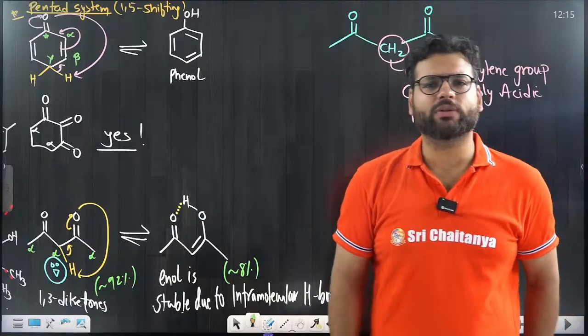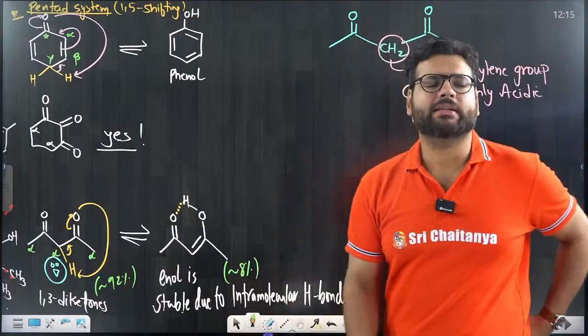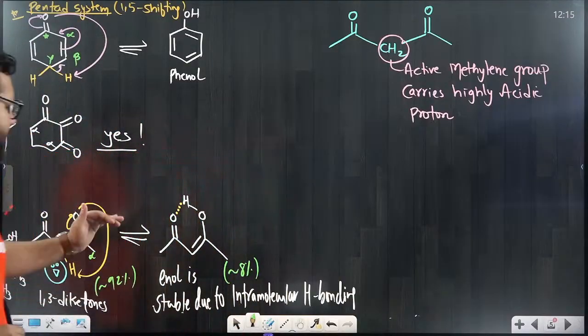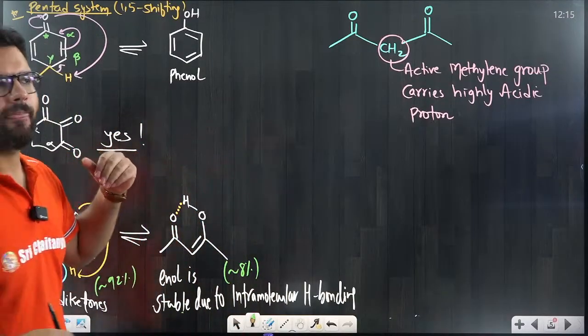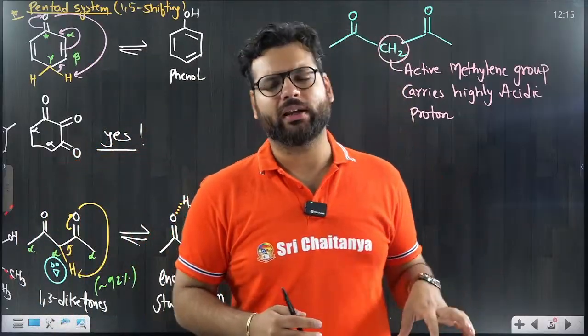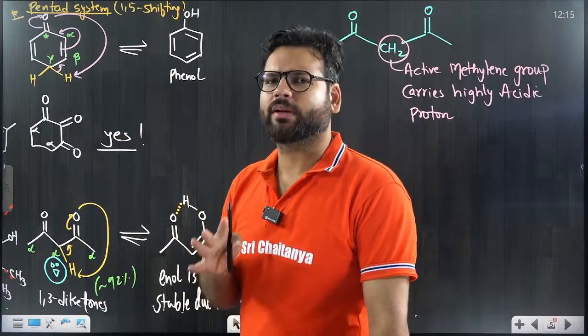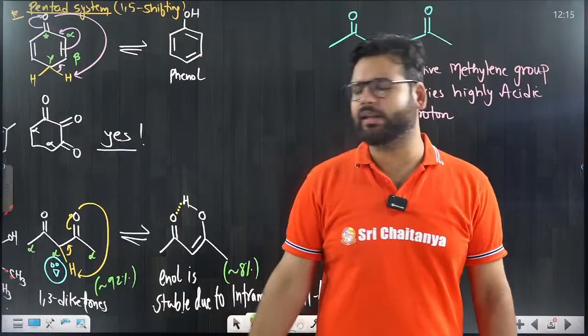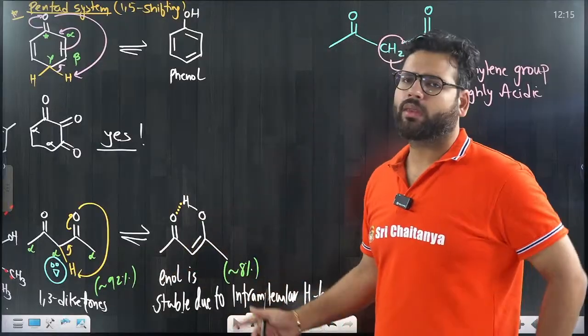Still keto is more stable, but as compared to previous cases, now keto has decreased a bit, enol has increased a bit. So in normal ketones like acetone, keto 99, enol less than 1%. Then cases like this, beta diketones, where it reaches 92 and 8.